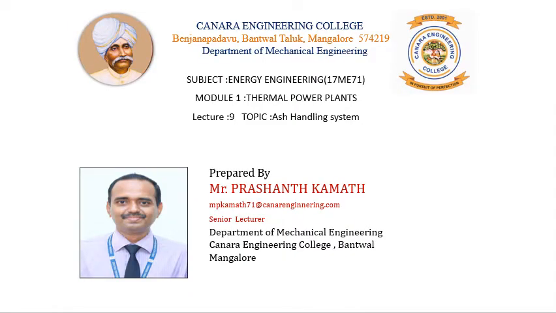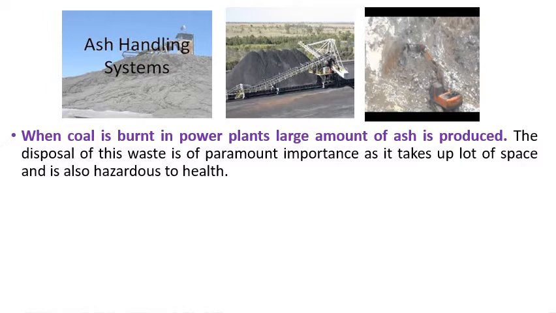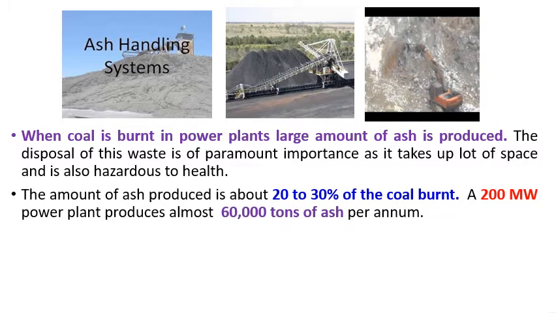In this session, let us understand what are the different ash handling systems that are used in thermal power plants. Ash handling systems used in thermal power stations are of great importance because they occupy major space, as around 20 to 30% of the coal used has ash content.